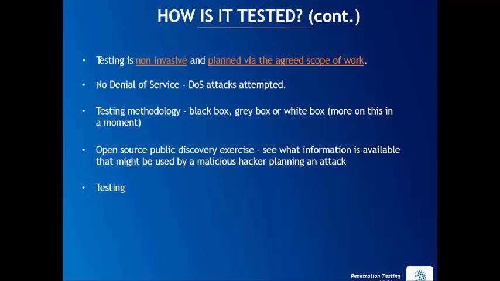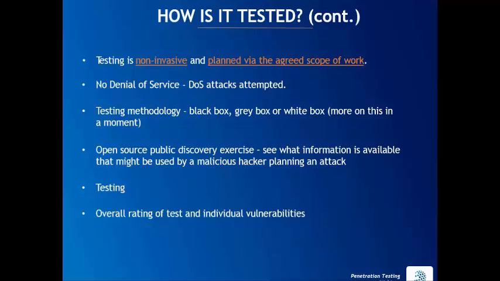Testing then starts. Testing would generally start with some automated scanning, which would highlight vulnerabilities. Those vulnerabilities would then be exploited manually in full by the penetration tester. So they just prove that actually there is a vulnerability there, and this is what I can do with it. Once we finished that, we would then give an overall rating of the test, whether it's your external infrastructure, your internal infrastructure, or your website.